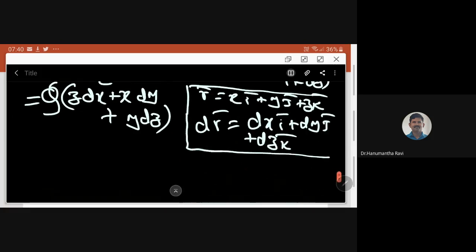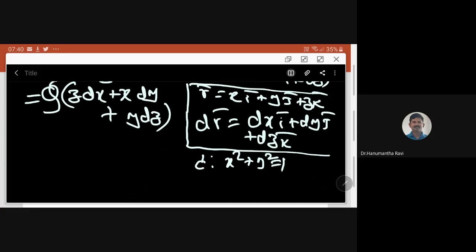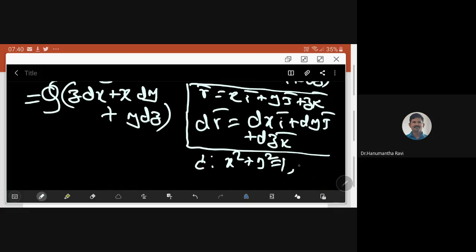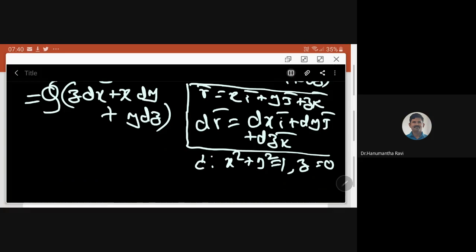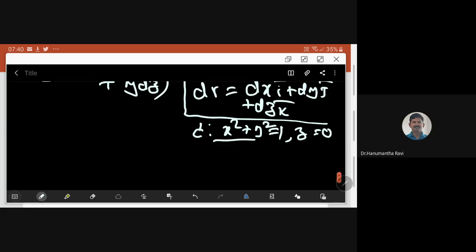That is easy. How? Because that being a circle, you have a parametric form here for C. So for your C, x square plus y square is equal to 1, okay, and z is 0. That is our curve. Please remember, we are on the curve. So this can be viewed as x is cos t, y is sin t.